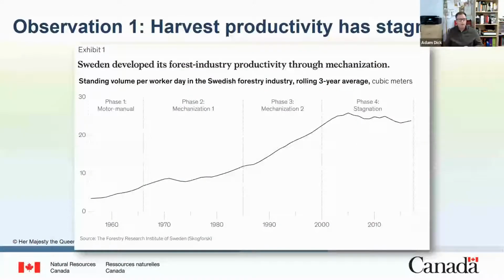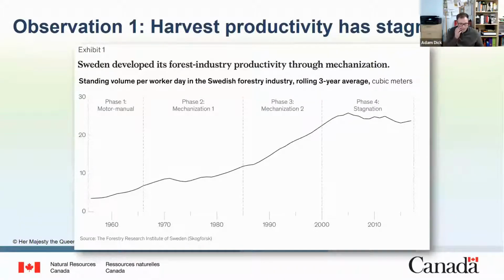The first one here, and I'm really curious as I present these, and unfortunately in this forum I can't really get feedback in terms of head nodding and things like that. But I really want to understand whether what they're reporting in here is relevant to where we are in Atlantic Canada. In Canada, I hope there's some parallels. The research is based on Sweden. I'm hoping there's enough similarities.